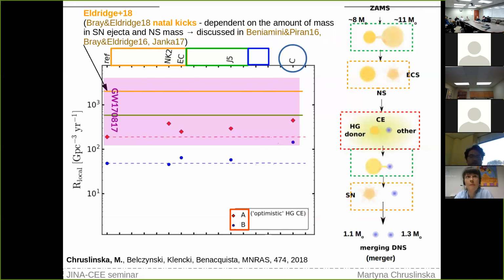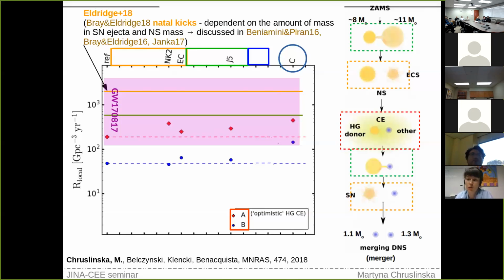So they used their new model, the updated model by Bray and Eldridge, which describes the natal kicks that neutron stars receive. So in their model, the magnitude of this velocity depends on the amount of mass that is ejected during the supernova and also on the mass of the remnant.